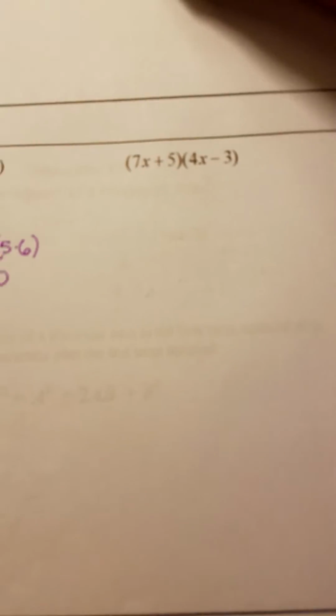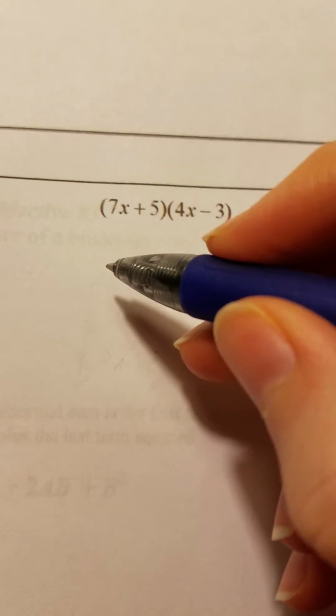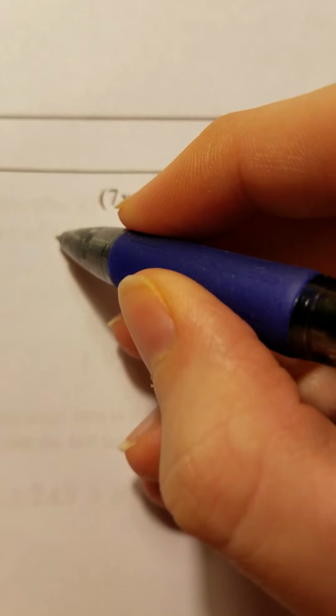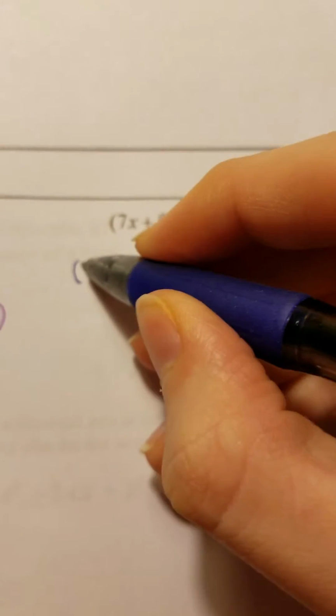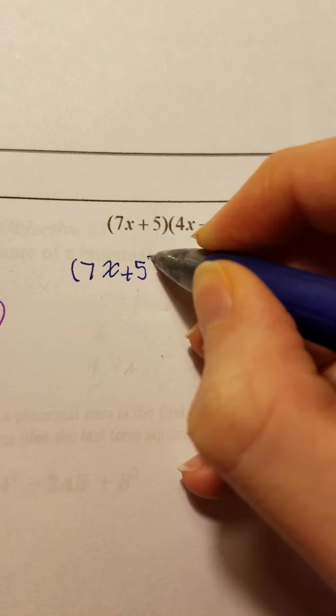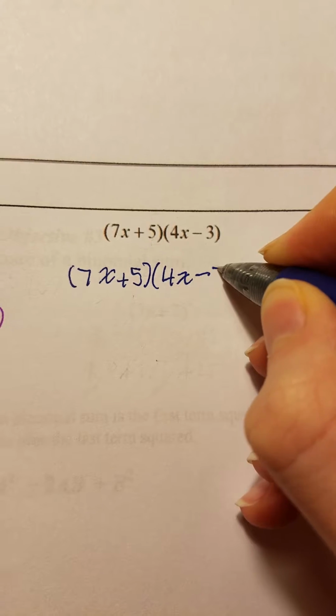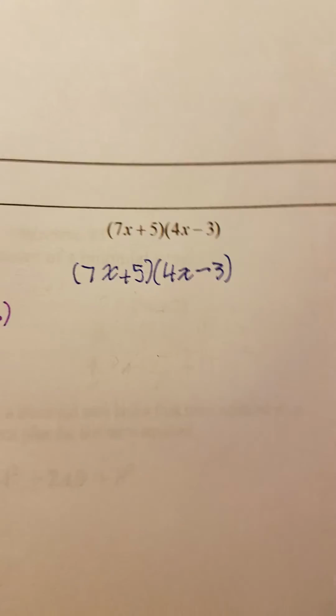Let me just rewrite our little problem out here again so that it's colorful. 7x plus 5 and 4x minus 3. That is our problem now.